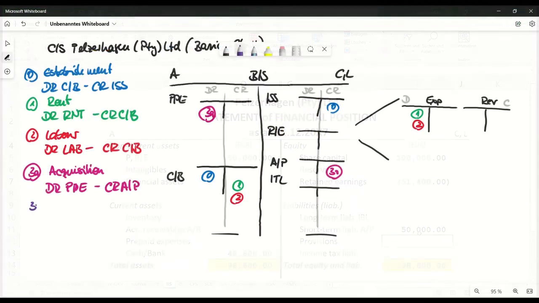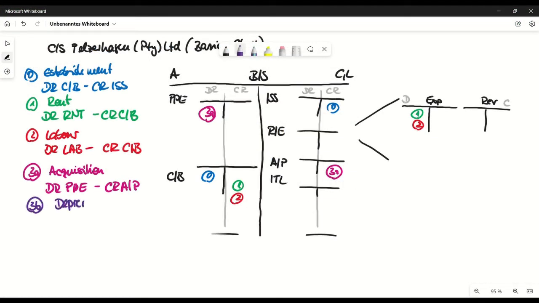After the acquisition, we record the depreciation. For the depreciation, we apply a simplified bookkeeping entry, as depreciation is only covered in the textbook in chapter 16. For that reason, in chapter 12, where we are right now, the bookkeeping entry would be a debit entry in the depreciation account, and the credit entry is recorded in property, plant and equipment.